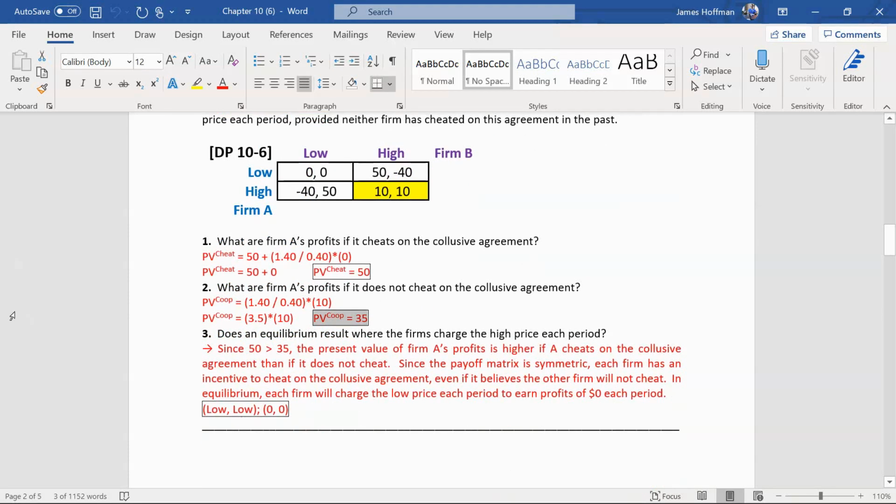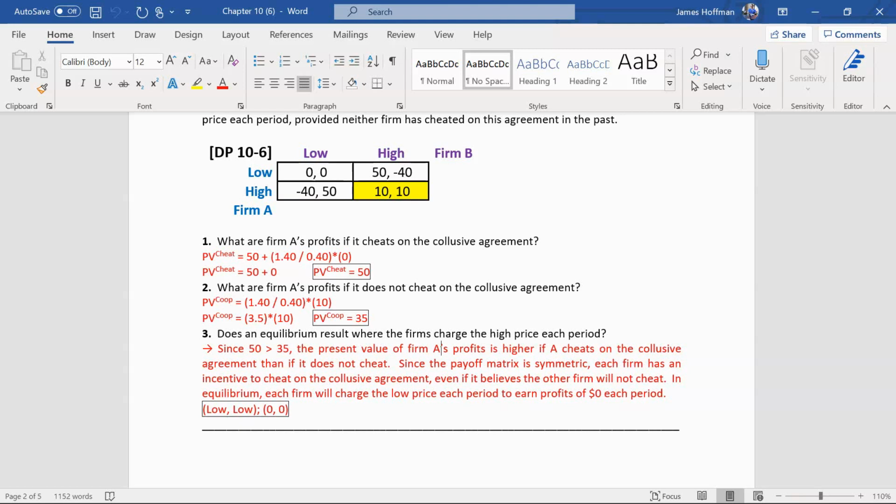The present value of cooperating is 35 because the interest rate is so high. And so does an equilibrium result where the firms charge the high price and cooperate? No, they don't, because the expected value of cheating is 50, which is bigger than cooperating at 35, and basically both firms are just going to see that and price low, and they're both going to get zero.